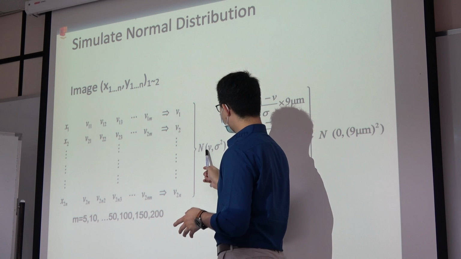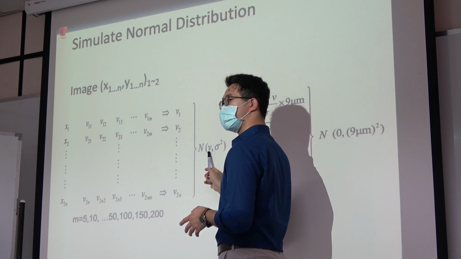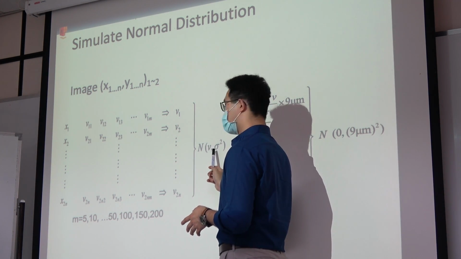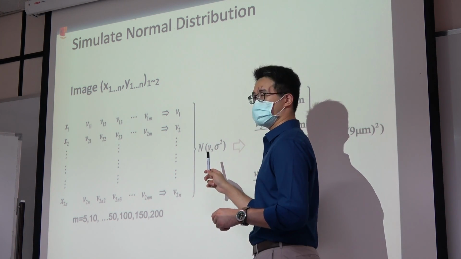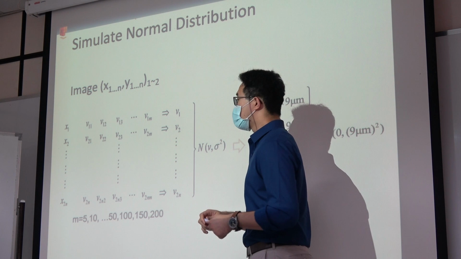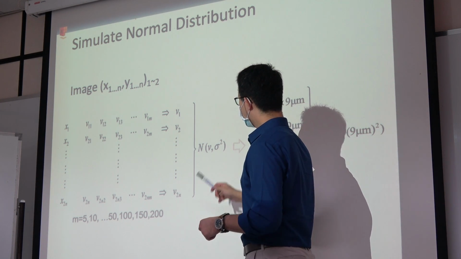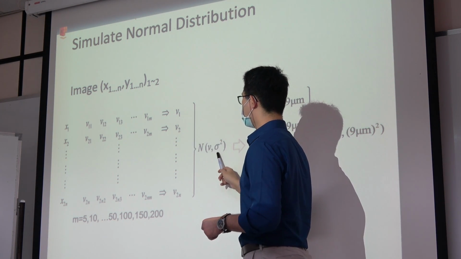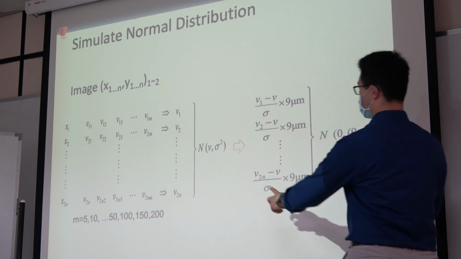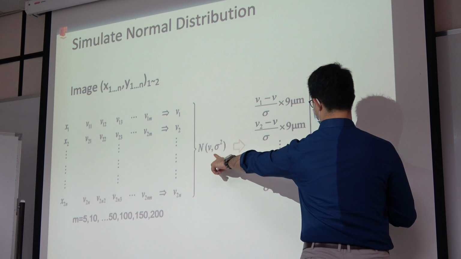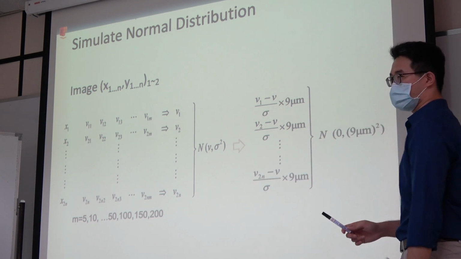You have a mean value at V, and it has its own variance or its own sigma. So how can we transform this distribution to this distribution?